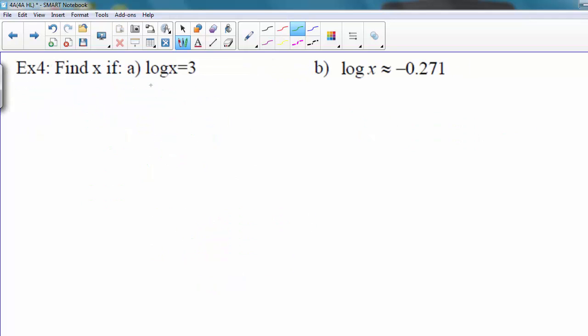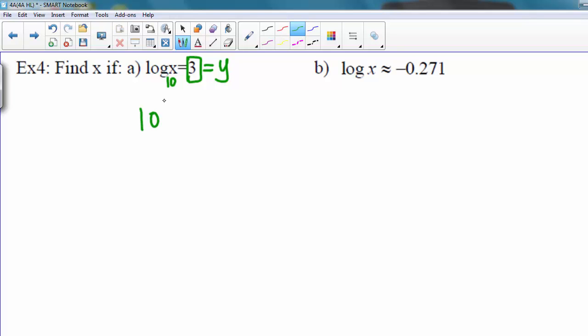Okay, right now we want to find x in the log expression. Log x equals 3. So you guys know if you don't see any base, this is base 10. We want to find the argument in log, and you guys know this 3 here is the y value. What I will do is change this one to the exponential form.